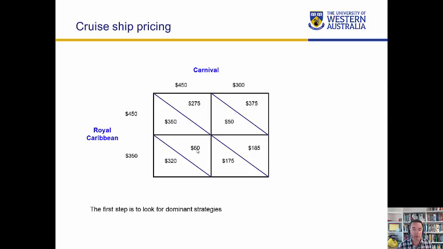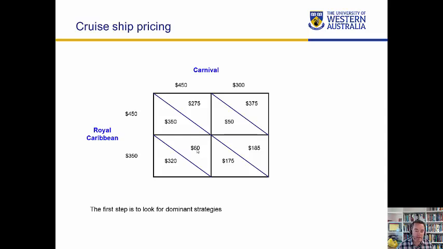The next game, we've got 2 cruise ship companies. They are looking at a particular cruise and they're trying to work out whether they will charge high prices or low prices. Now, $450 and $350 for Royal Caribbean, that's the ticket price.